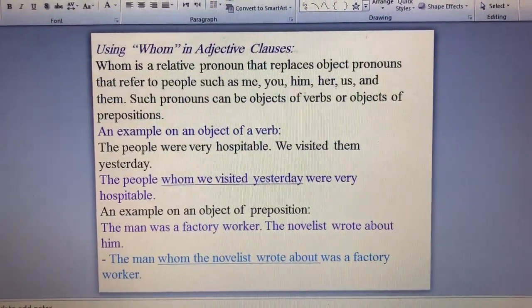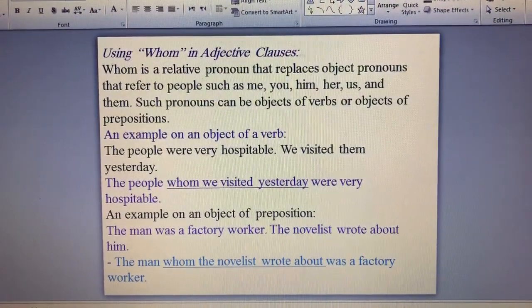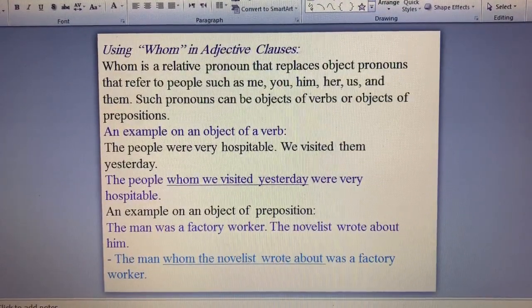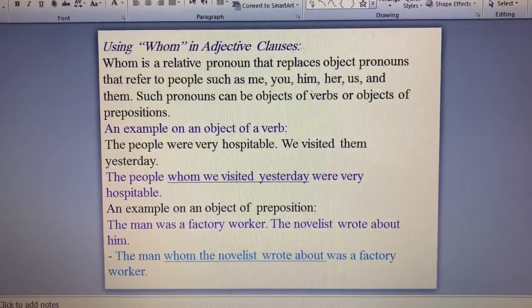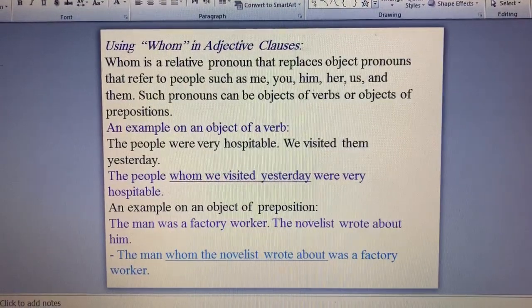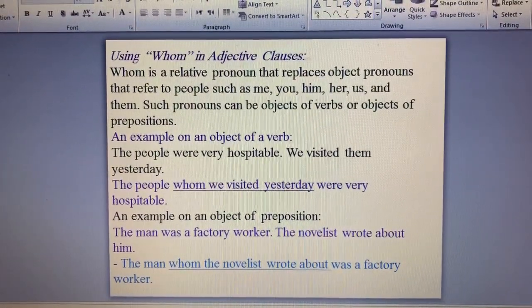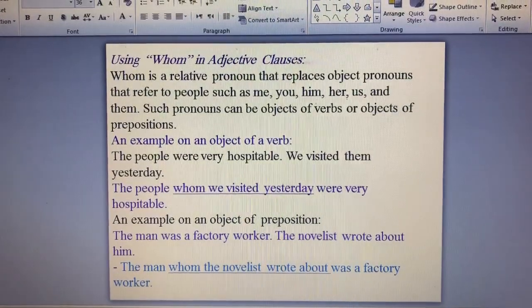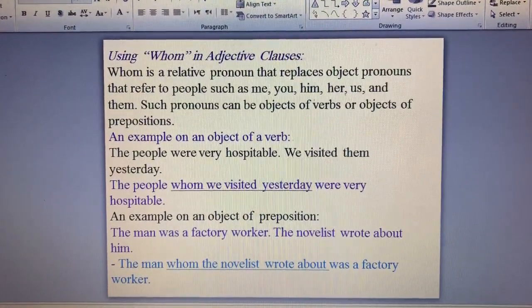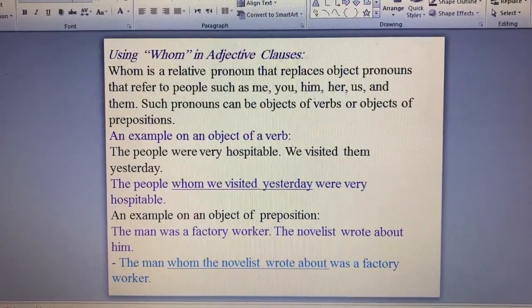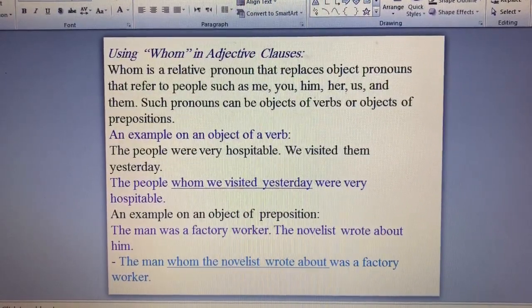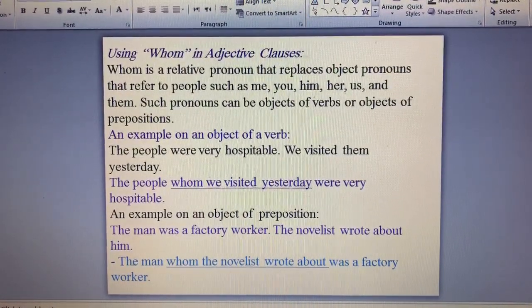So whom here in this adjective clause is the object, which is always followed by a subject. We is the subject of the adjective clause. Visited is the verb. I stopped at yesterday because were is another verb that shouldn't be included in this adjective clause. As I said before, an adjective clause should include one verb.